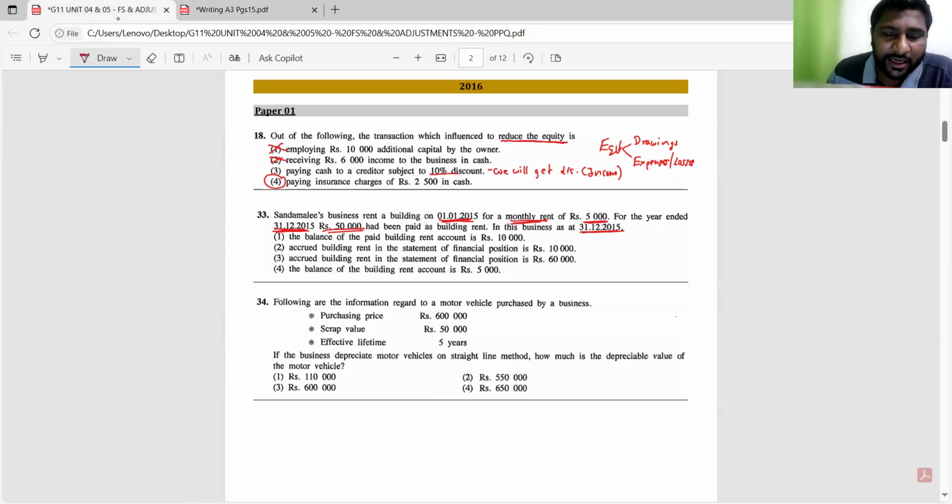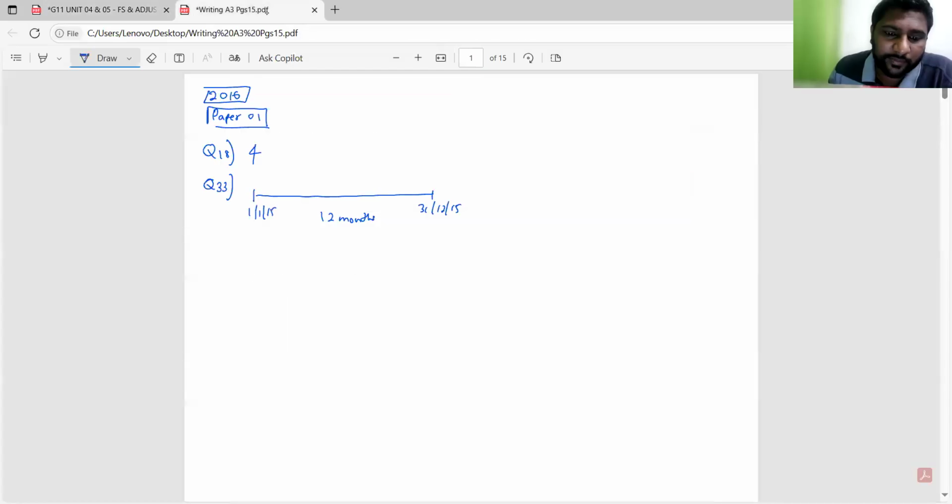So in this question, they are clearly saying a month's rent is 5,000. Then for 12 months, 60,000. But the problem is, out of 60,000 we have paid only 50,000.